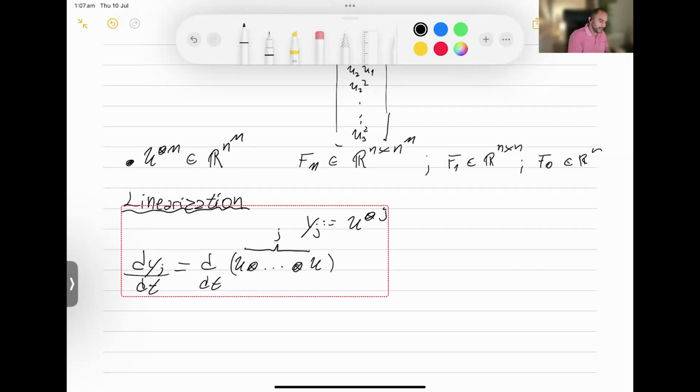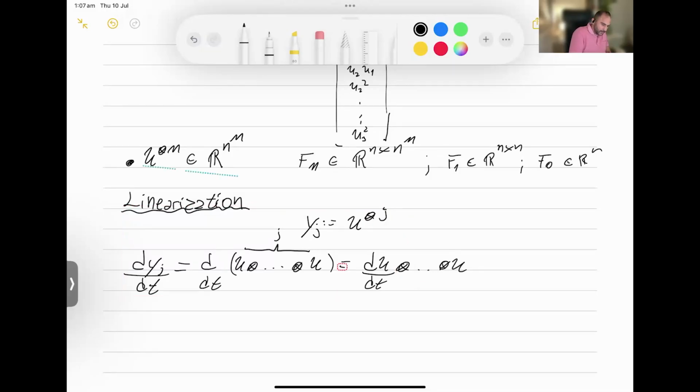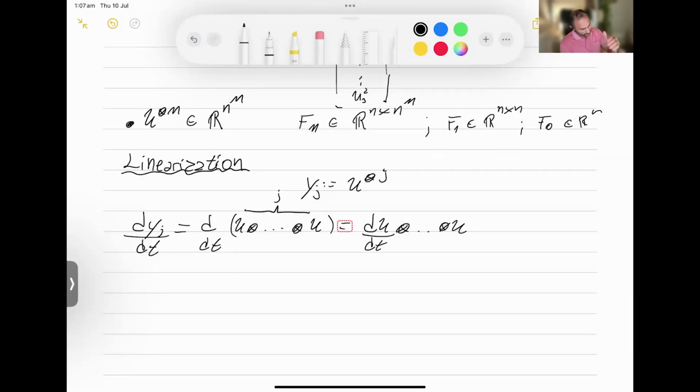Then I apply a sequence of product rules, in terms of this Kronecker product, and then I have again j derivatives of this.